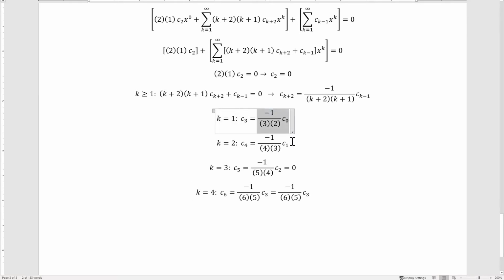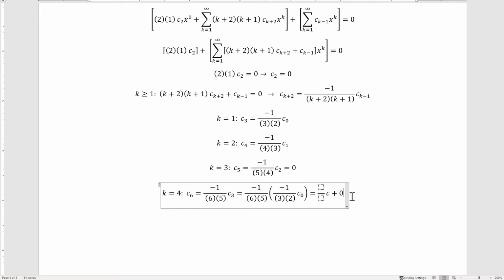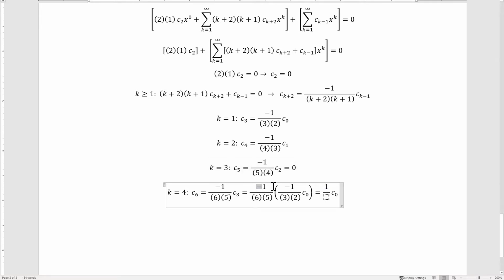And let's replace c sub 3 with this expression. So this is going to be something with a c sub 0 in it. And the numerator is going to be a positive 1. So we have a negative 1 times a negative 1, it's a positive 1. And then we have 6 times 5 times, oh, it looks like we're missing a 4 here.